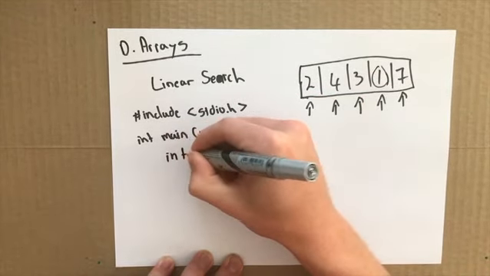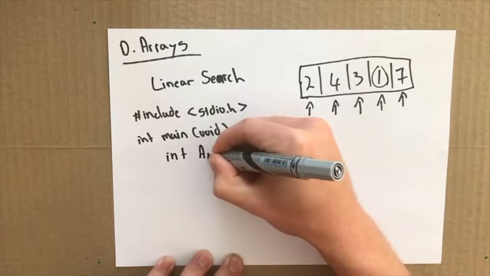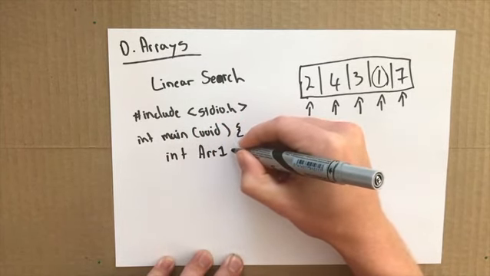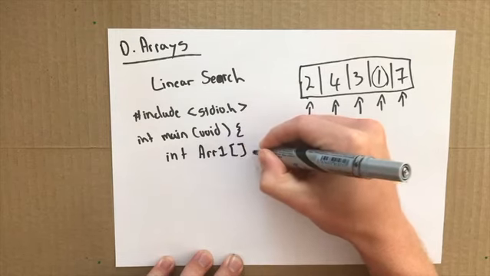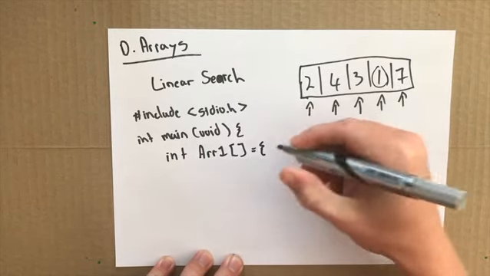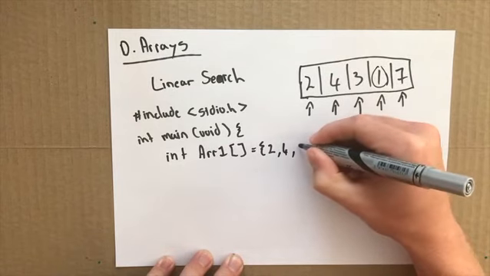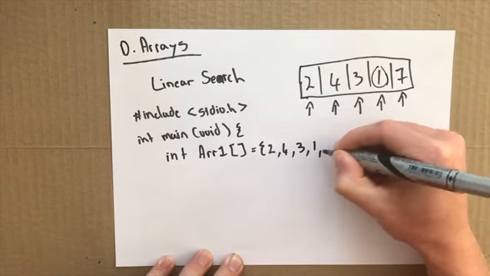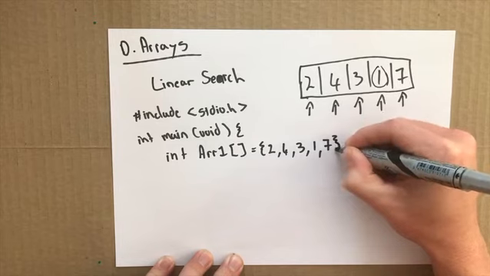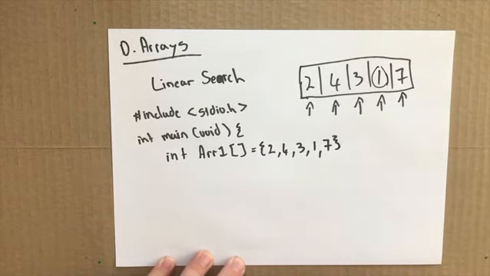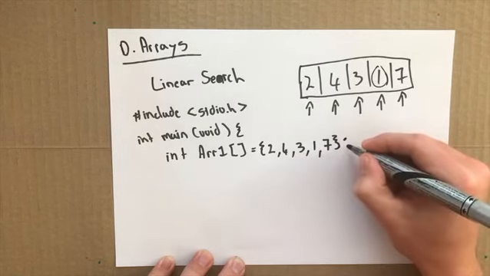And we have an array called ARR1 with the values 2, 4, 3, 1, and 7. And we want to go and search now for 1 inside this array.